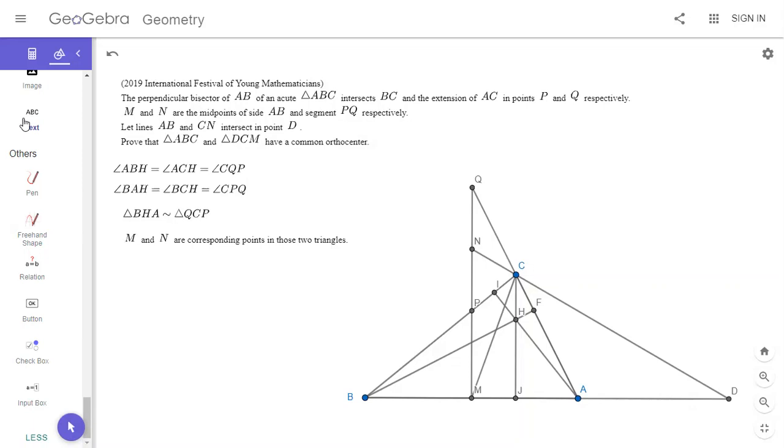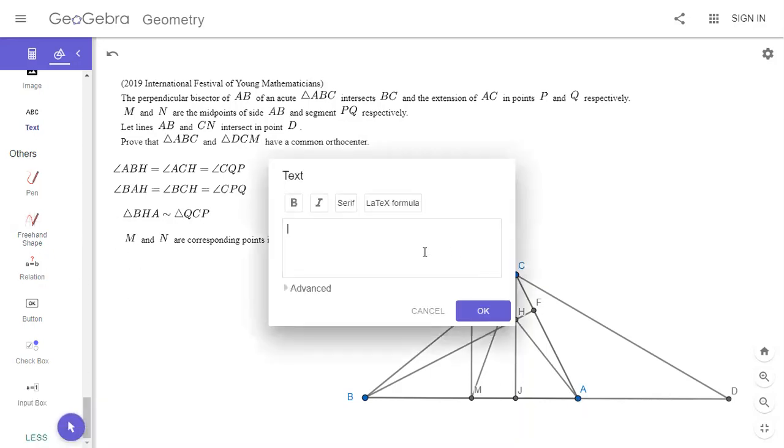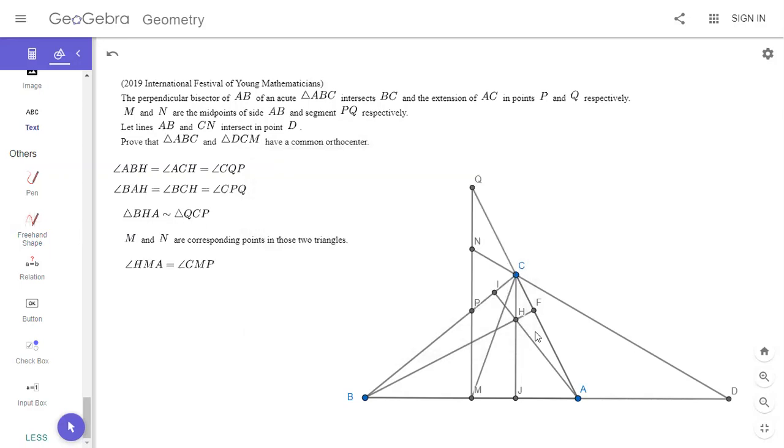We can find angle HMA. So angle HMA is equal to angle CNP, which is equal to angle ACJ.